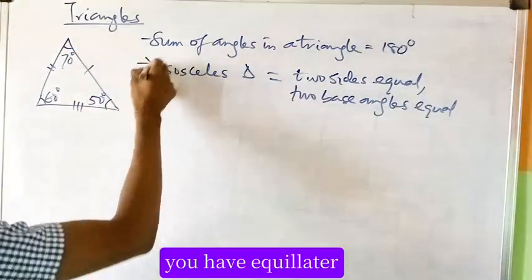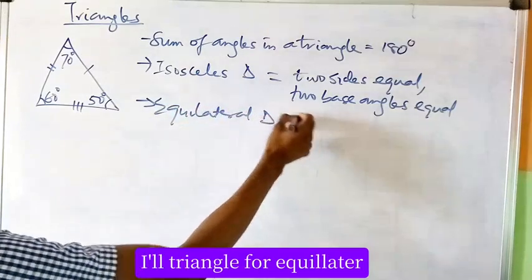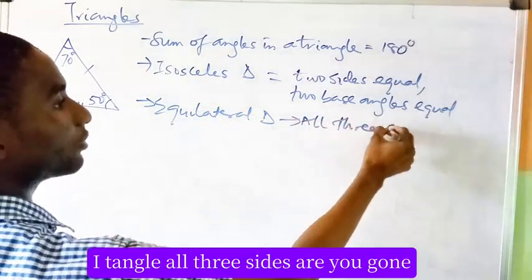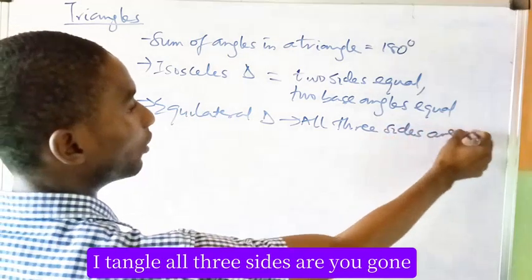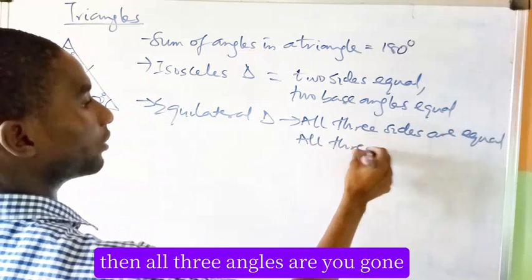You have the equilateral triangle. For an equilateral triangle, all three sides are equal, then all three angles are equal.